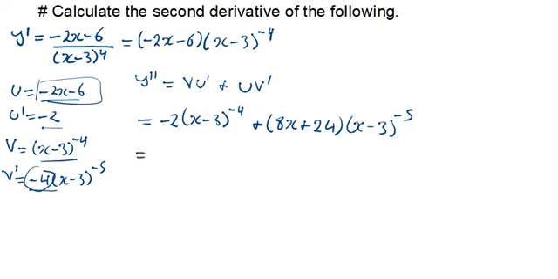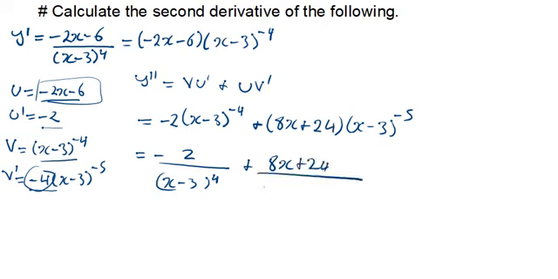Here I can express this in the form of fractions. I'll have -2 over (x - 3) to the power 4, then plus (8x + 24) divided by (x - 3) to the power 5.